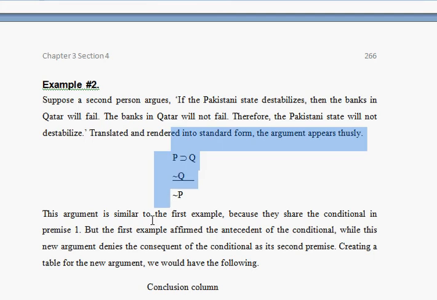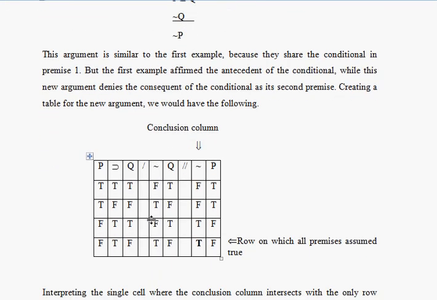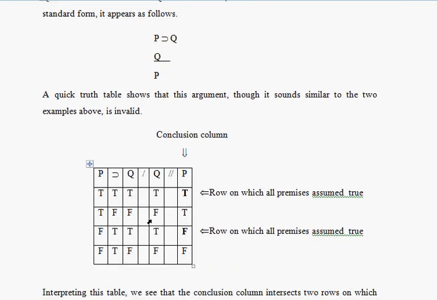And so this is another valid form, and you can do that with a truth table and prove that. You can also come to something which is a fallacy called affirming the consequent.